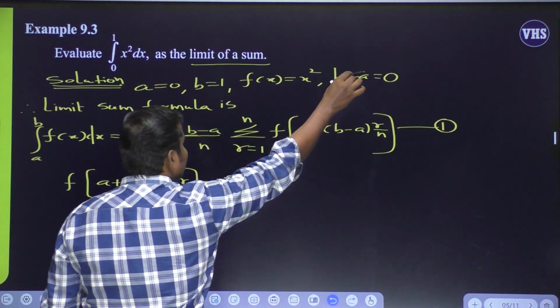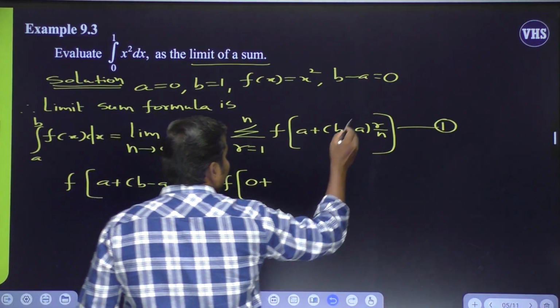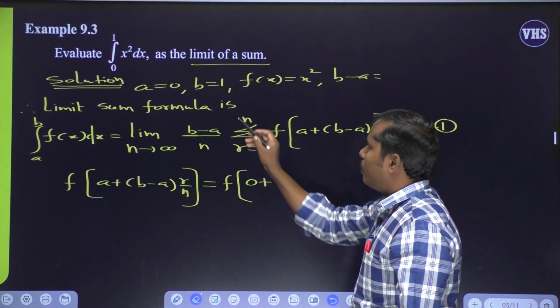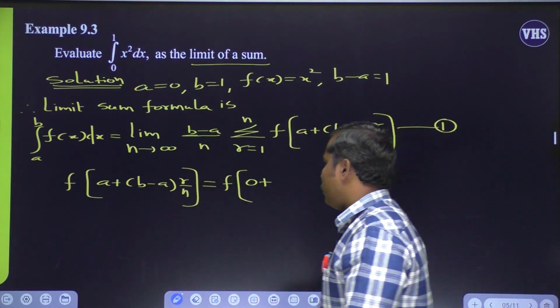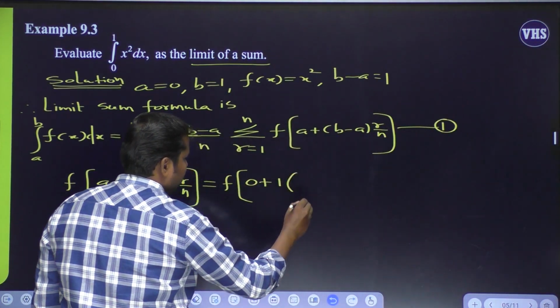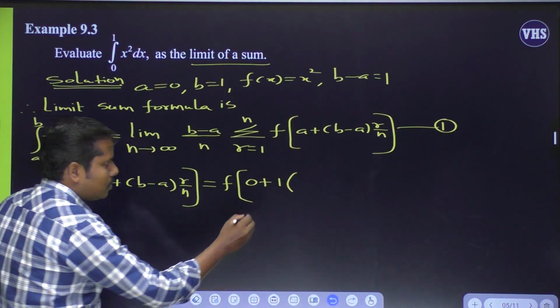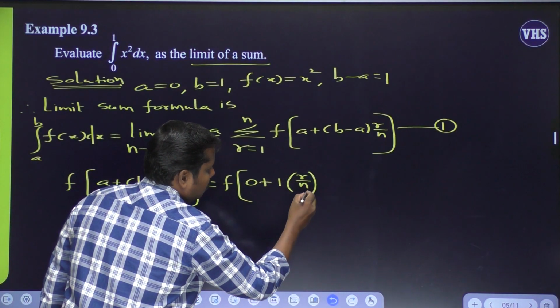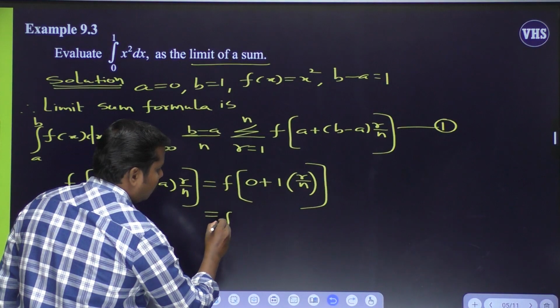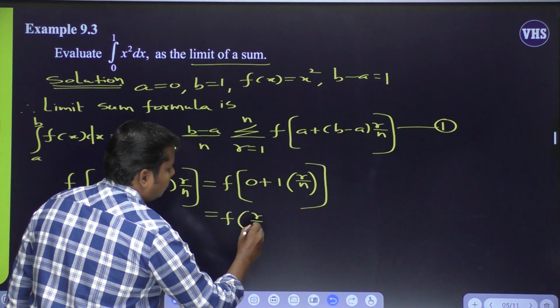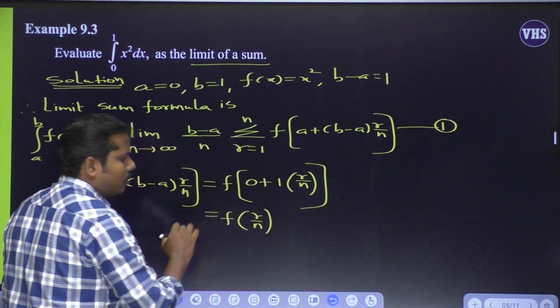It is 1 actually, I'm sorry, because 1 minus 0 is 1. So 1 should come up there. So 1 into r by n, r by n, close the bracket, which is nothing but f of r by n.